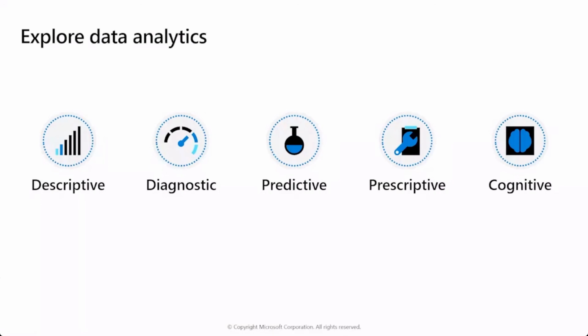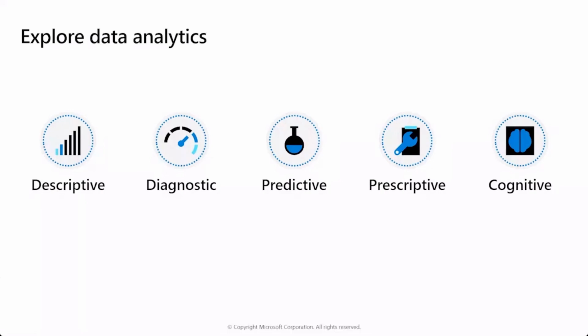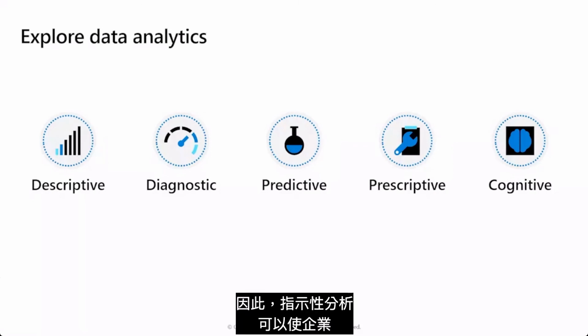And with prescriptive analytics, this is really used to help answer questions about what actions need to be taken to achieve a particular goal or target. By using insights from predictive analytics, data-driven decisions can be made. So prescriptive analytics allows businesses to make informed decisions in the face of uncertainty.